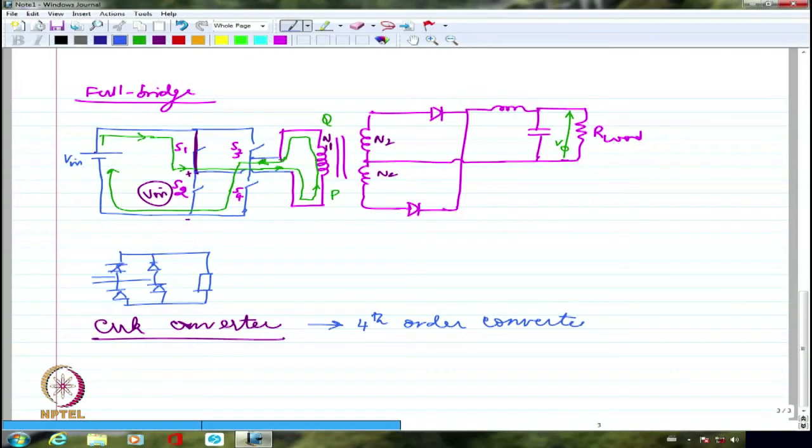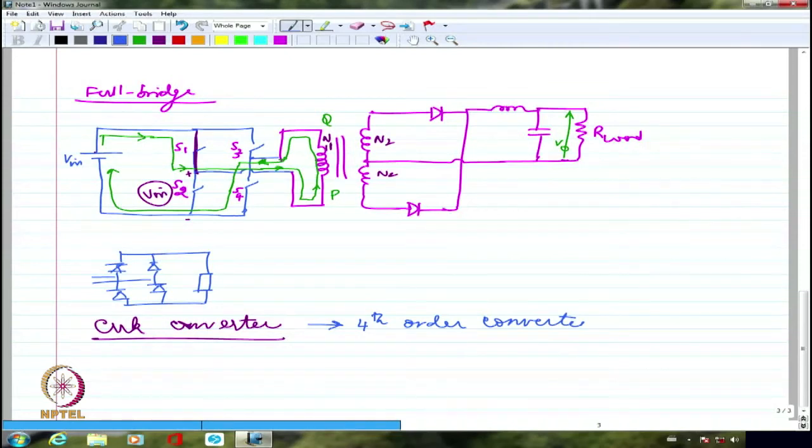And this is a pretty versatile converter. It is extensively used in telecom tower power supplies. It is used in some of the higher rated power supplies which may be used for different kinds of application. For example, your microwave oven, that will definitely have a power supply, right? Because it doesn't work on 230 volts. 230 volts is coming in, but what we generate is a very high frequency voltage ultimately, which is going to create the microwave, which is heating up the material that you have put inside the microwave oven.